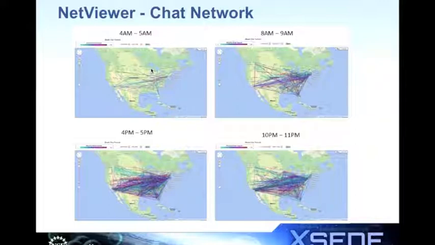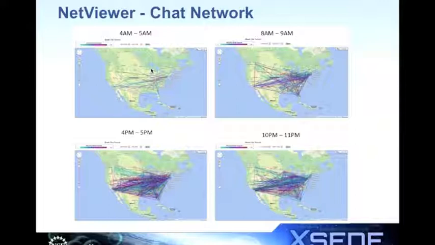So we use gradient colors to represent the volume. And you can see that after midnight, the network volume dropped significantly. And this is aligned with the low activity of game players.